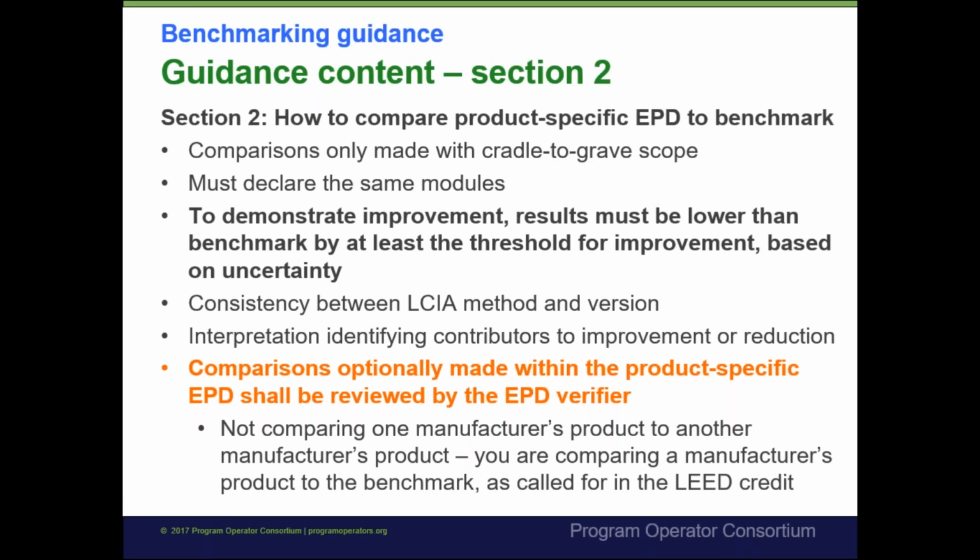So there needs to be consistency between the LCIA method and version number. And then there has to be some interpretation addressing what contributed to the difference in results. And then any comparisons optionally made within the product-specific EPD is reviewed by the verifier.